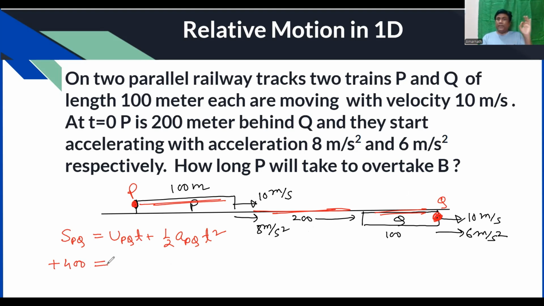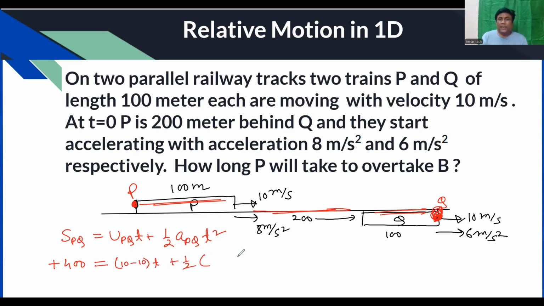Means the point P. See, you are Q. You are sitting here, just waiting like this, okay? And P will come to meet you. So how far will P come to meet you? 400, okay? And UP minus UQ is nothing but 10 minus 10, so this part will vanish now.